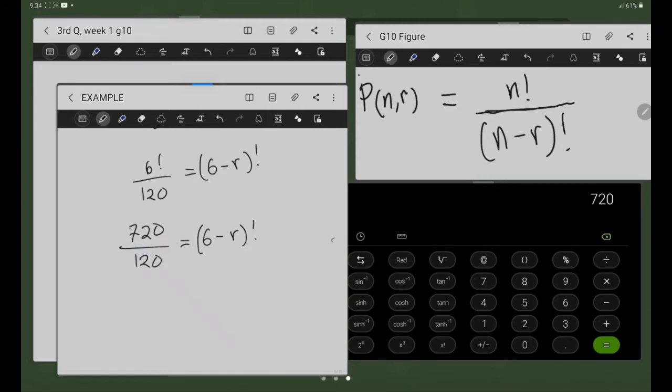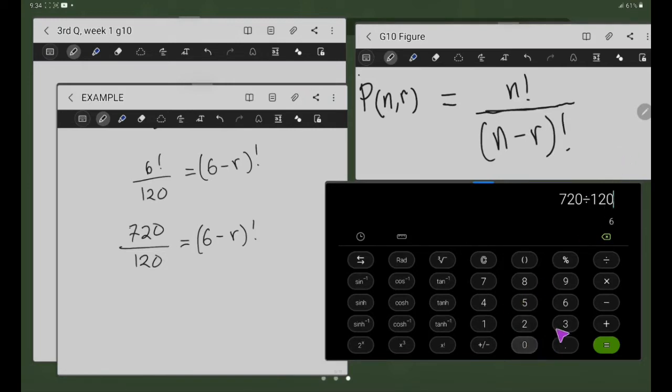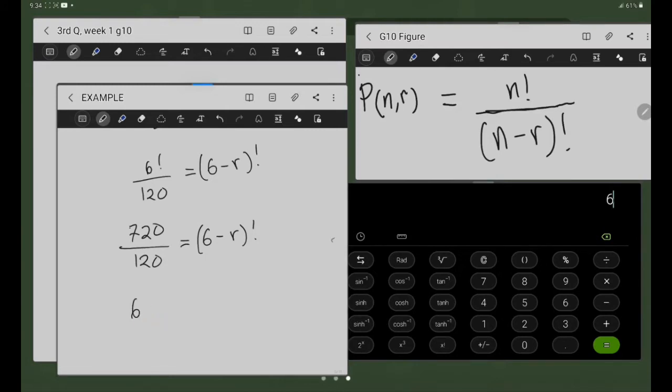Divide natin, 720 divided by 120. Okay, this is equal to 6. So, 6 is equal to 6 minus r factorial.